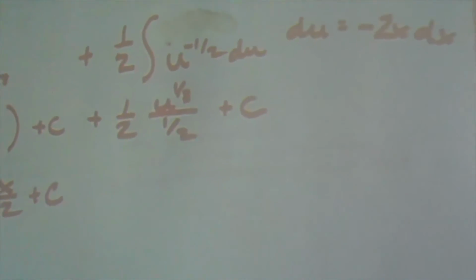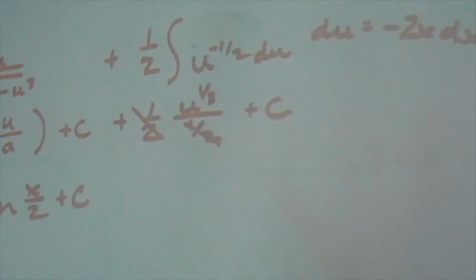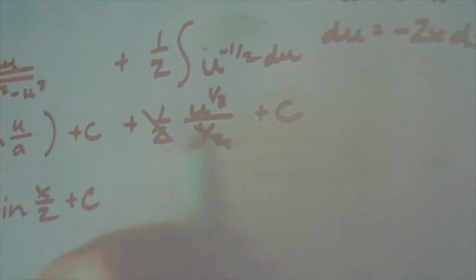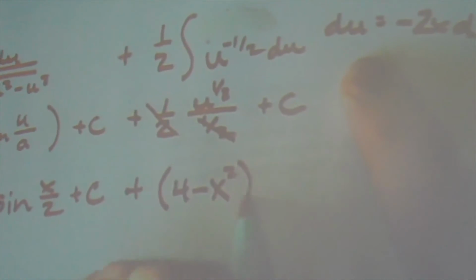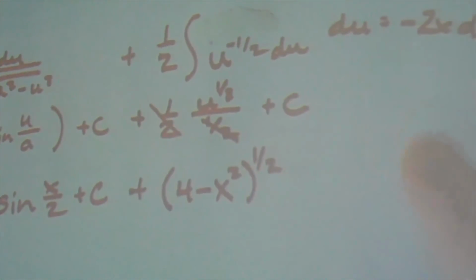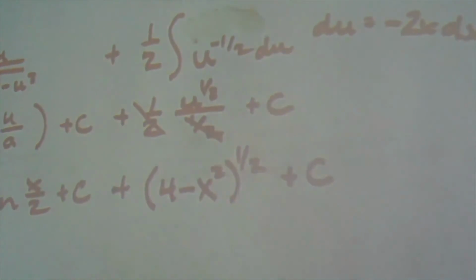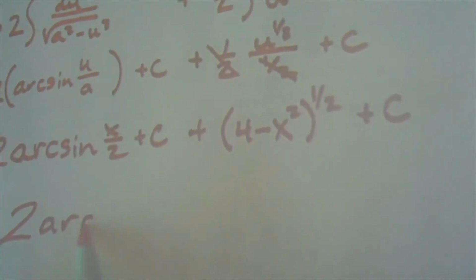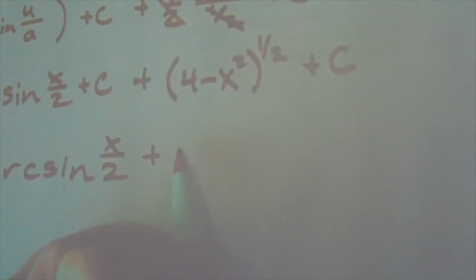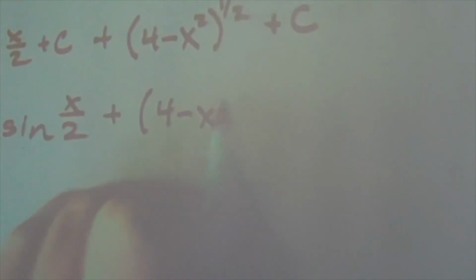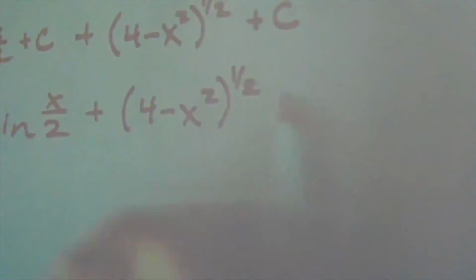Then what? The 1/2s cancel out, and so I'm basically adding u to the 1/2. Can I back substitute now? Yes. 4 minus x squared to the 1/2, or square root, plus c, but I don't need 2 plus c's. So 2 arc sine of x over 2 plus 4 minus x squared to the 1/2 plus c would be your final answer.